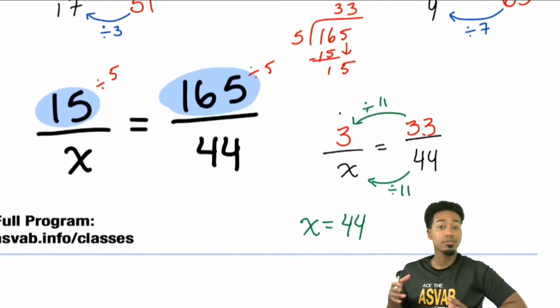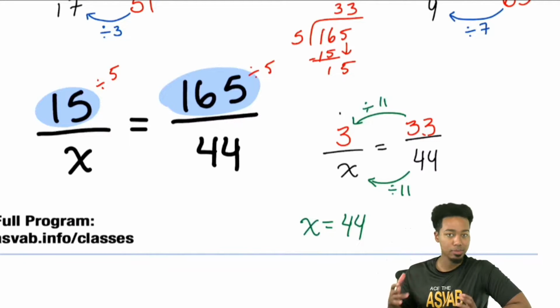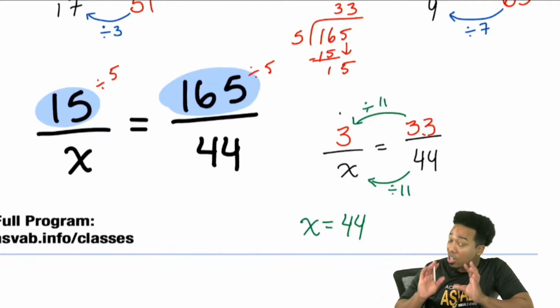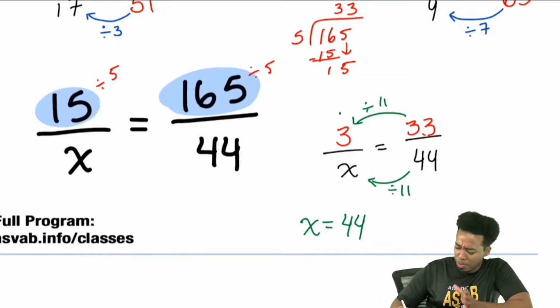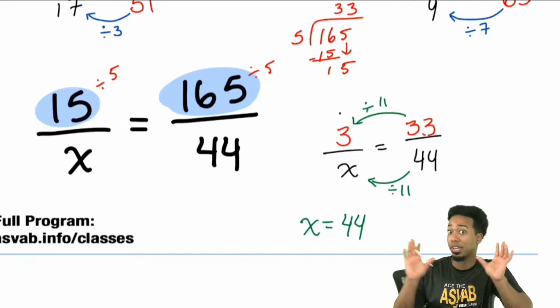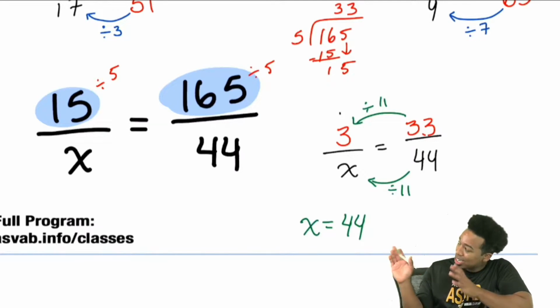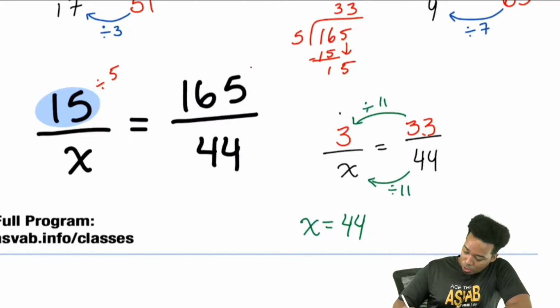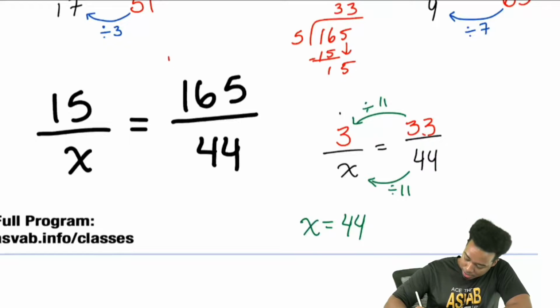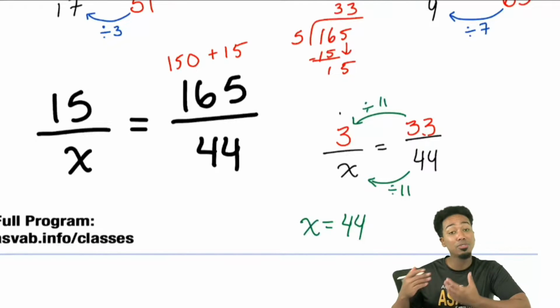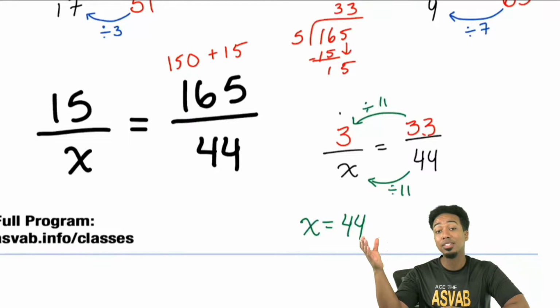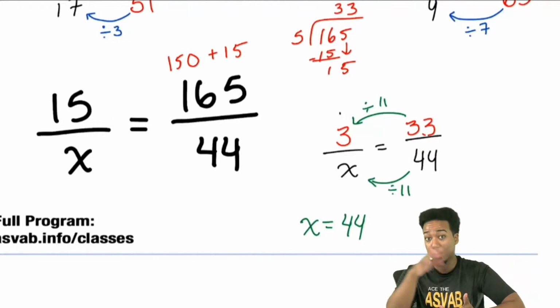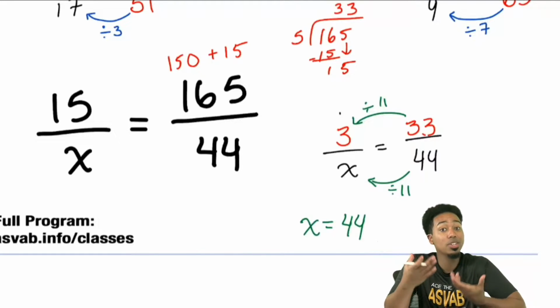You could do that, but if you notice, let me actually show you here. The 165 is actually 15 times 11. One thing that you could have noticed in the beginning, again, with experience, I'm not saying you should have to every time, but what I'm saying is you could notice that 165 is the same thing as 150 plus 15. And if you're dividing, 150 divided by 15 is 10. 15 divided by 15 is 1. 10 and 1 is 11.